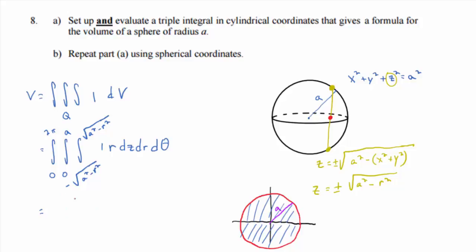So you can multiply the whole thing by 2. And then this lower limit becomes 0, doesn't it? Don't do that unless you're sure about the symmetry, because some students think there's symmetry when there's not. You've got to be really careful about that.